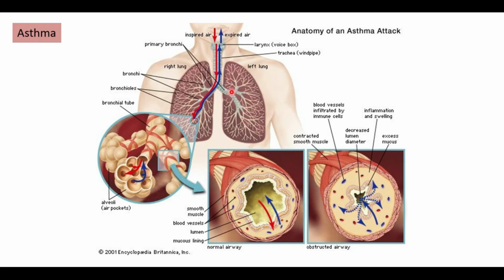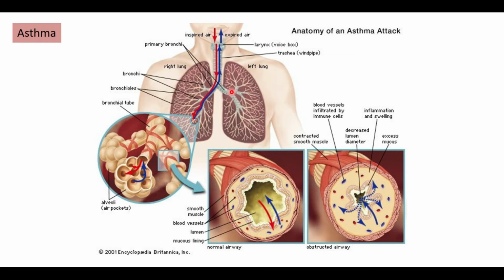So we can say that asthma is characterized by spasmodic contraction of the smooth muscles of the airways, by increased production of an abnormally viscous mucus by bronchial mucus glands, and in severe attacks by airway obstruction from mucus that has accumulated in the bronchial tree.